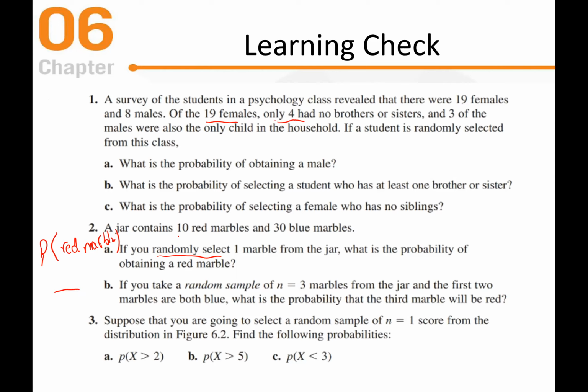The total number of possible outcomes: there are 10 red marbles and 30 blue marbles, so the total is 40. What is the probability of selecting a red marble out of those 40? There are 10 red marbles, so the probability is 10 out of 40.